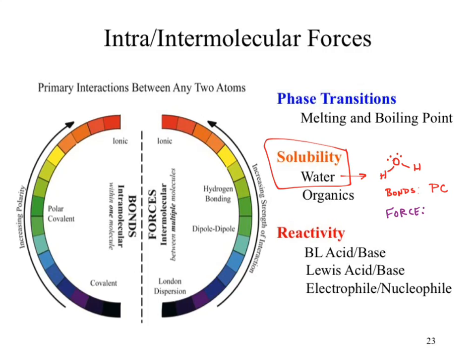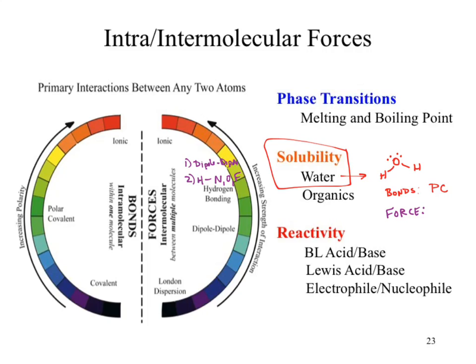How do we get a dipole-dipole force? We have to have a difference in electronegativity, positives and negatives. Once we've got that strong difference in electronegativity, we look for our second follow-up for hydrogen bonding, which is that we have to have a hydrogen bound to nitrogen, oxygen, or fluorine.